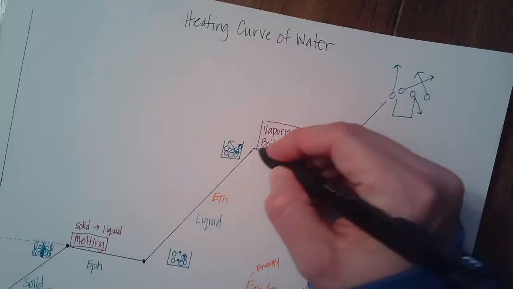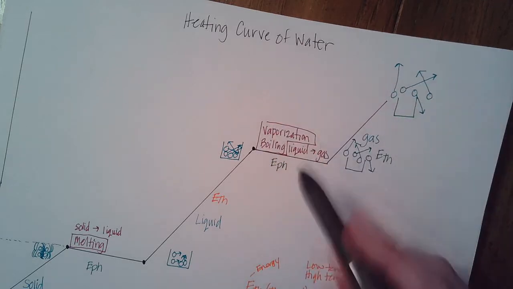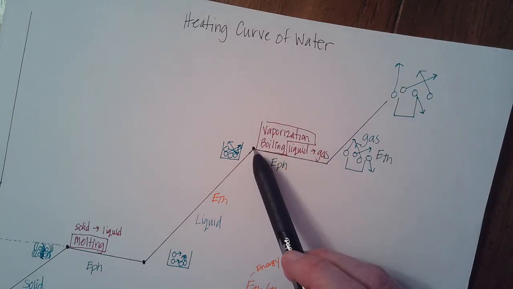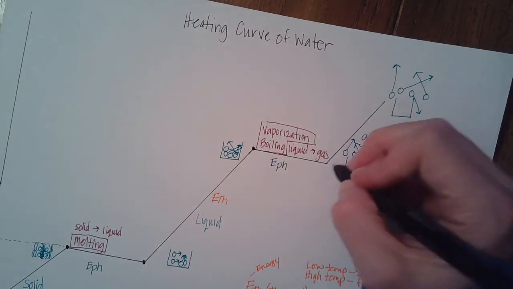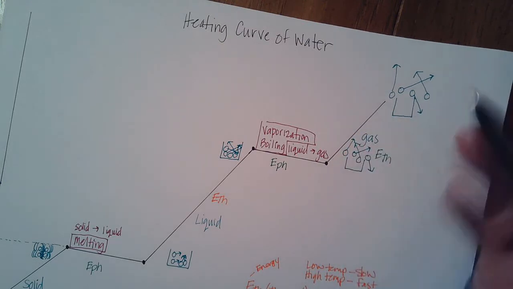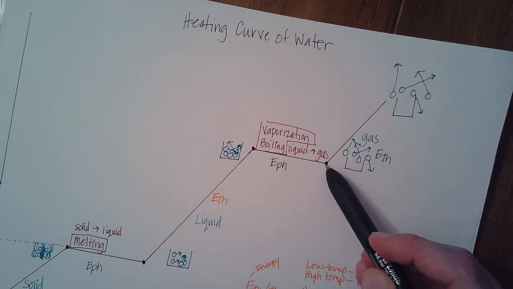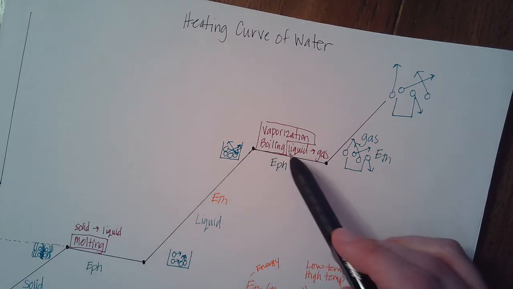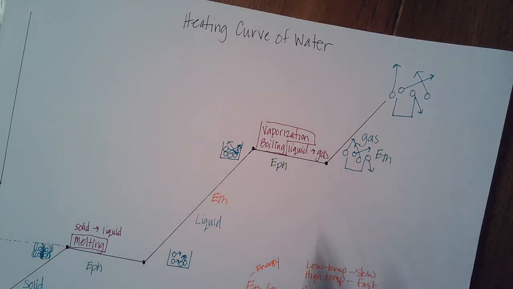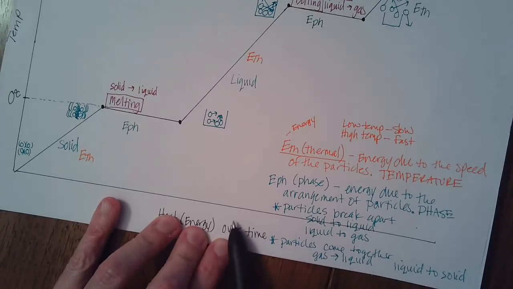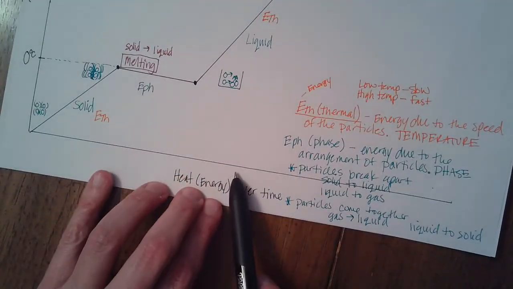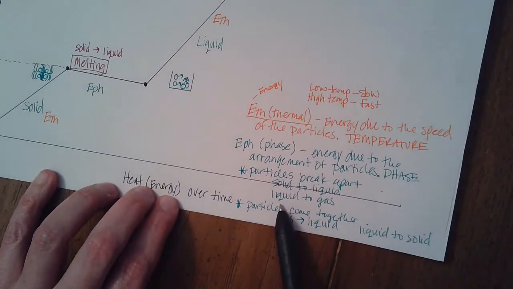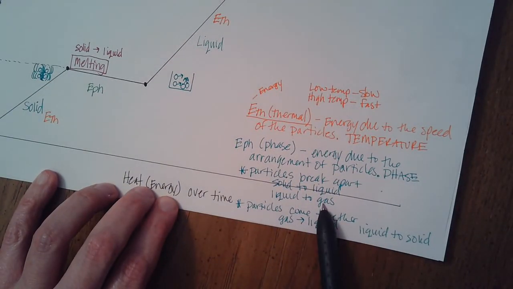Likewise up here, right here you have only liquid, and by the time we get here, we have only gas. And so these particles, during this time period, remember, energy is still being added. Energy is still being added. But these particles are being broken apart from a liquid to a gas.